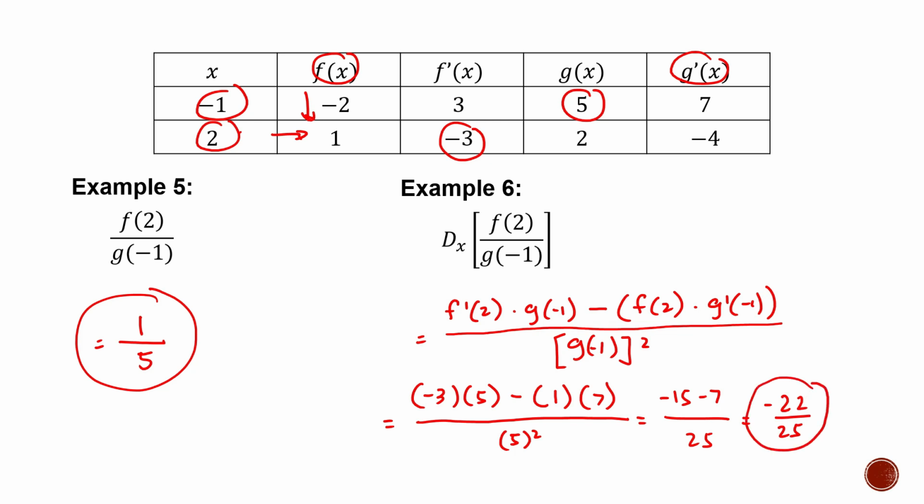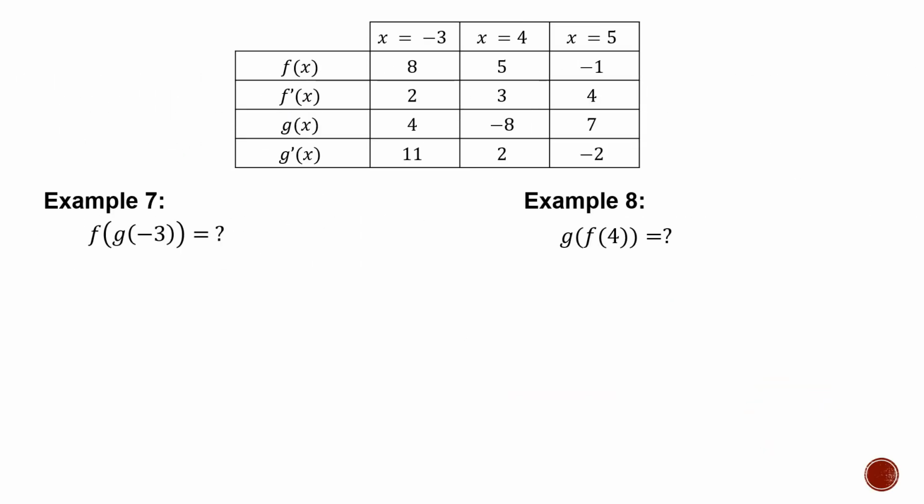Alright, let's go to the last two examples. For this one, we will apply the chain rule. The chain rule states that we have f prime of g of negative 3 times g prime of negative 3. So what's g of negative 3?